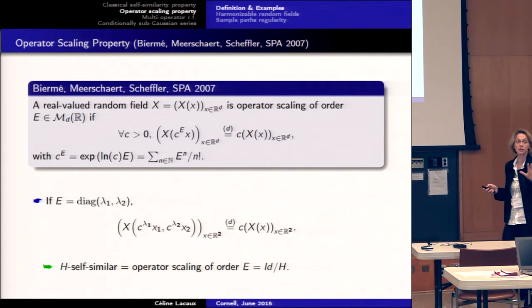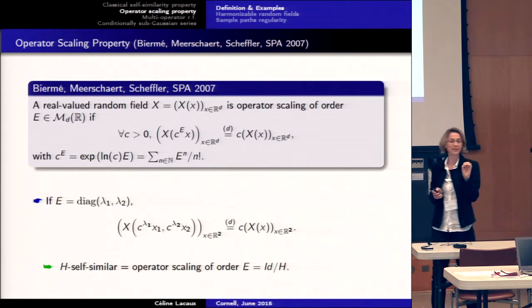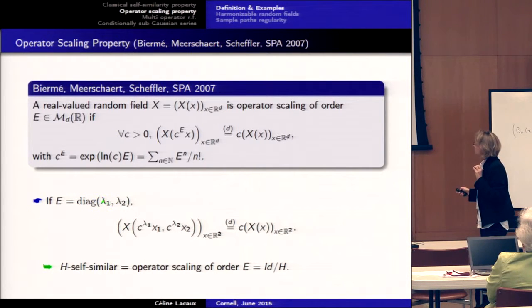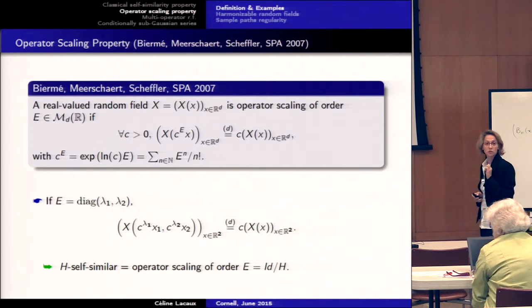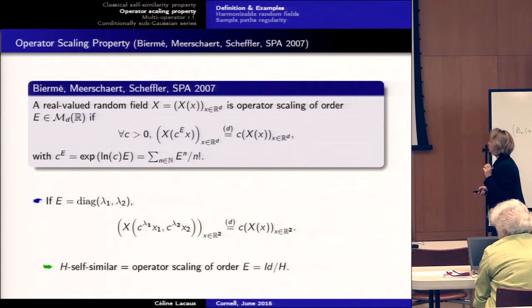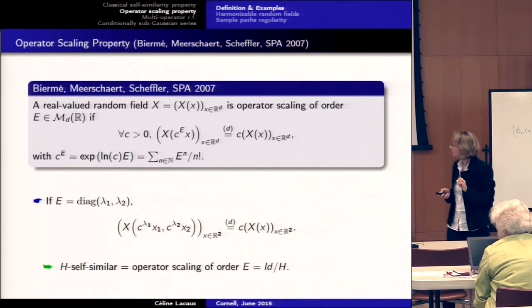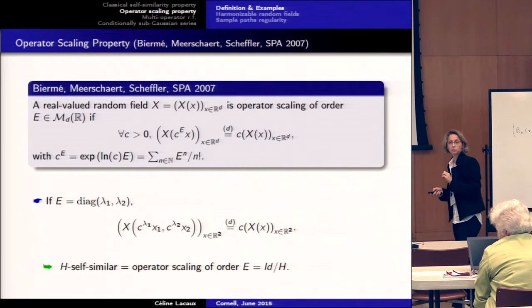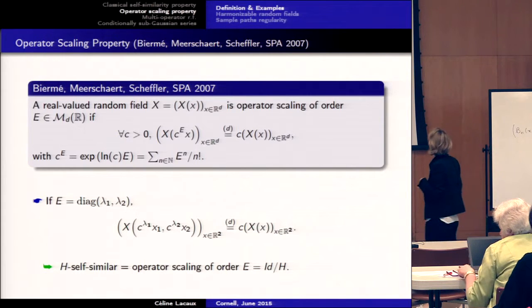To be simple, let me take a diagonal matrix given by lambda 1 and lambda 2, and this can be rewritten like this. That means that the scaling in direction 1 is not the same as in direction 2. Of course, if you choose lambda 1 equal to lambda 2 equal to 1 over H, you find the self-similarity property I presented in the previous slides.